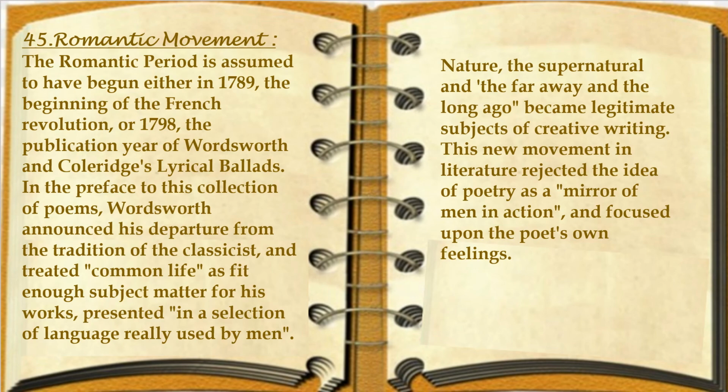English literature had its own different eras, different periods where styles of writing changed. Now, the Romantic movement: this period had begun either in 1789, the beginning of the French Revolution, or, it is also said, in 1798, the year Wordsworth and Coleridge's Lyrical Ballads were published.